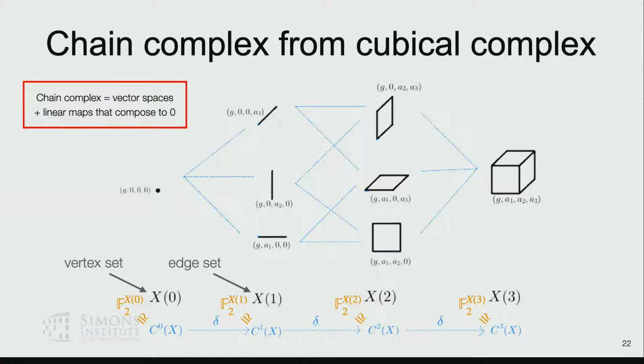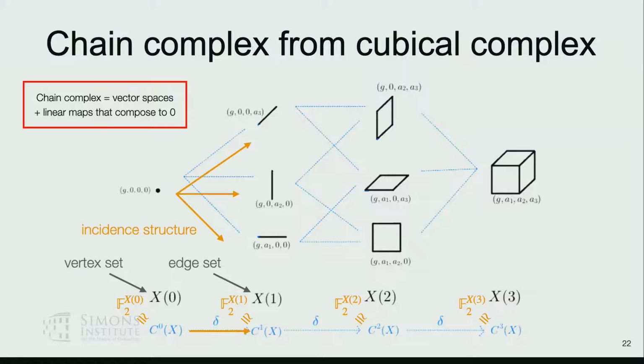Here, X0, X1, X2 represent the vertex set, edge set, etc. And the vector space would exactly be F2 to the power of X0. Equivalently, we are putting an F2 value on each of these vertices. And same for the edge set, and so on.